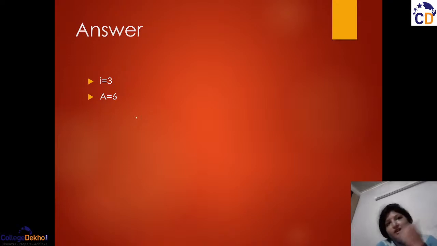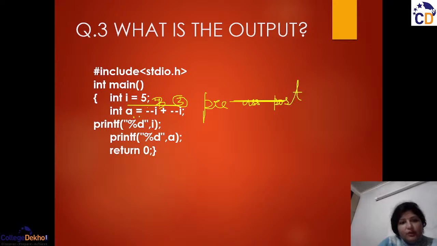And again if it is decremented, suppose in this question only, if I put here minus minus I, so now your value will be 2 in this case. After this statement, I have decremented the value again. So the I value after evaluating int a equals minus minus I plus minus minus I would be 3.